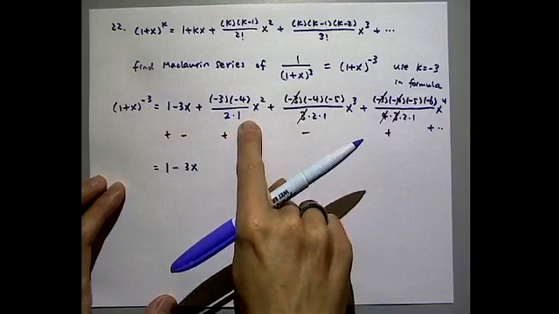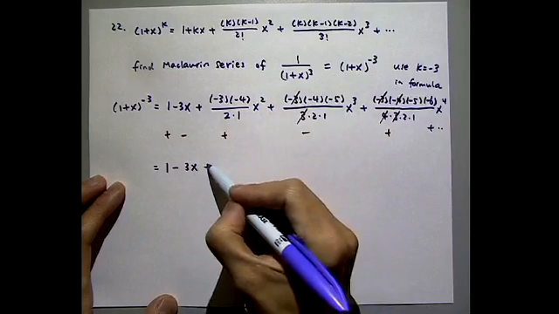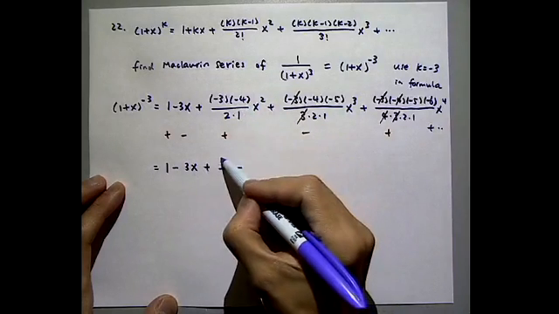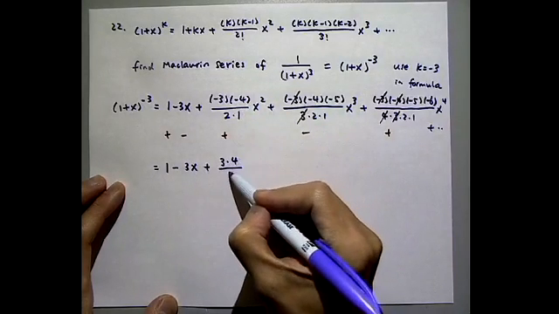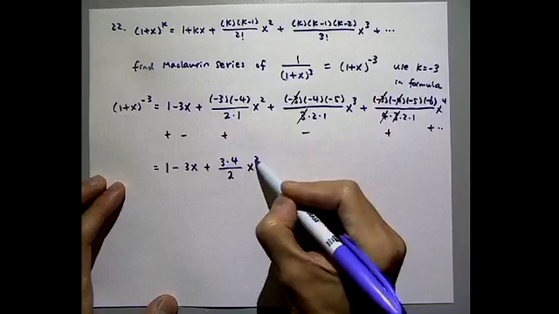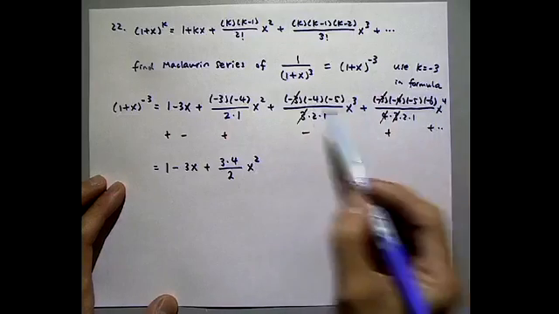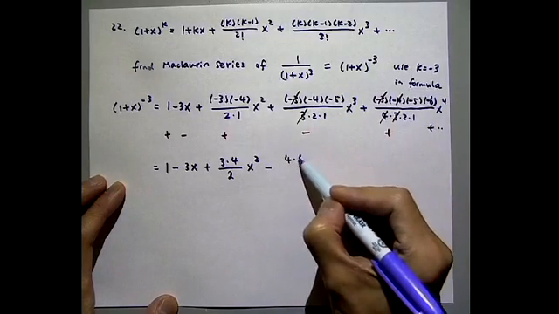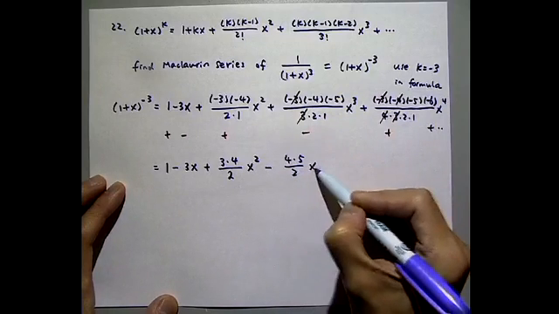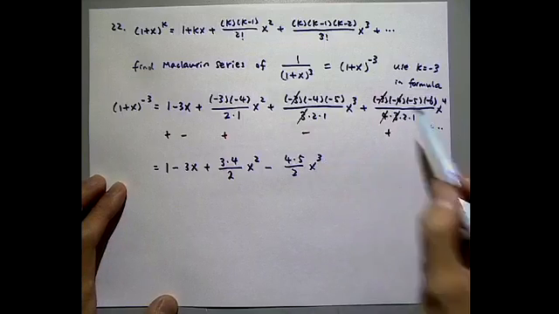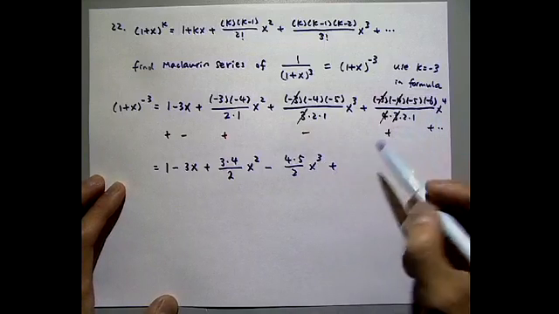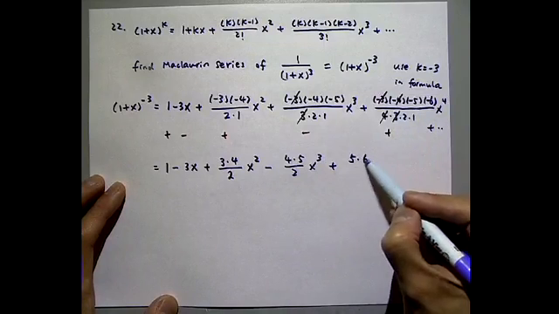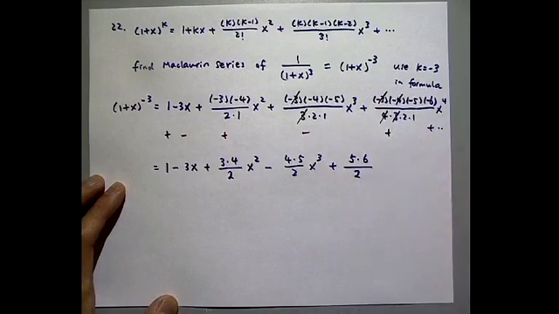So here we got positive 3 times 4 over 2 x squared. Negative 4 times 5 over 2 x cubed. Positive 5 times 6 over 2 again.